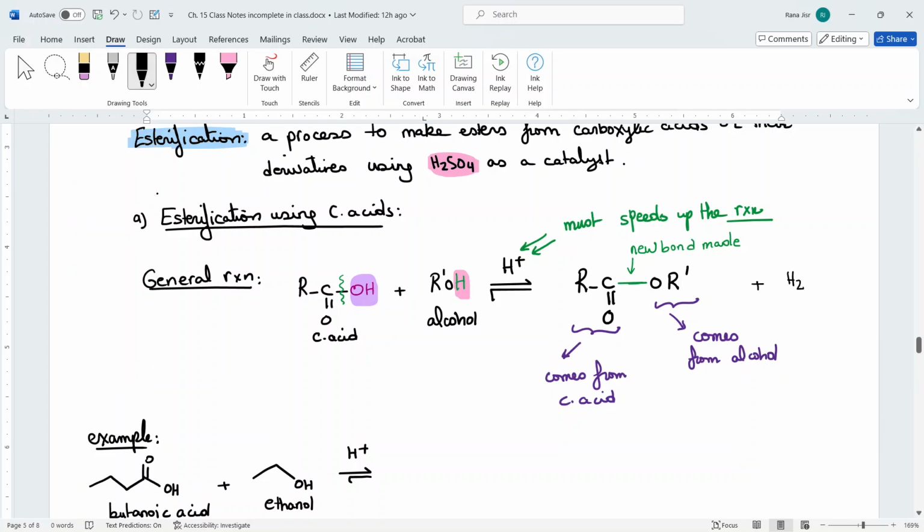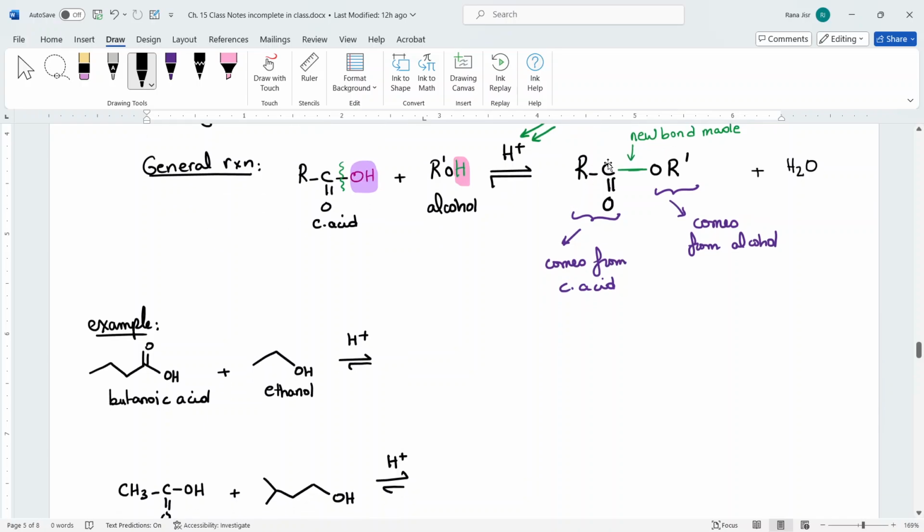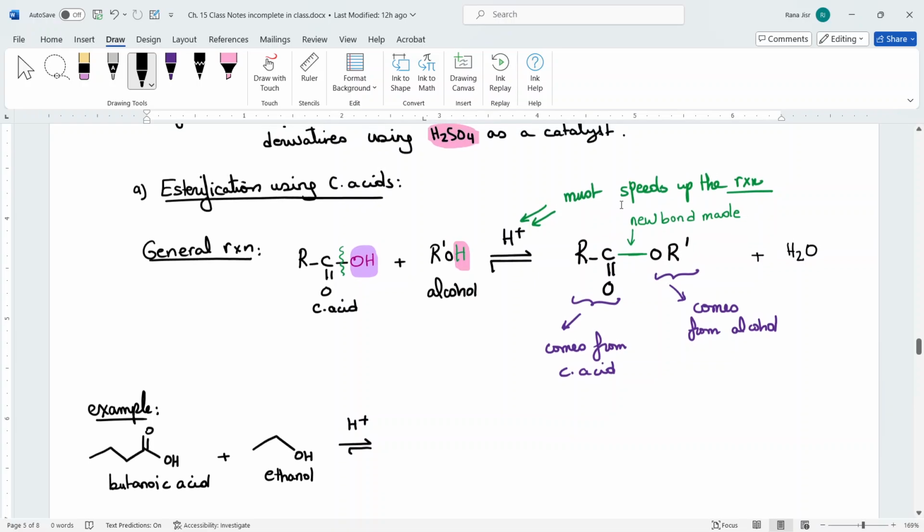You can write it as H2O, or you can write it as HOH, whatever you prefer, but this is going to be my byproduct in there. My main organic product is the ester. And as we said, esters are fragrances, meaning that we can create different combinations of fragrances and also flavors, by the way, by simply changing the type of the alcohol and the carboxylic acid that we are reacting together.